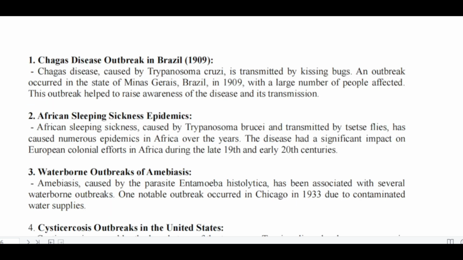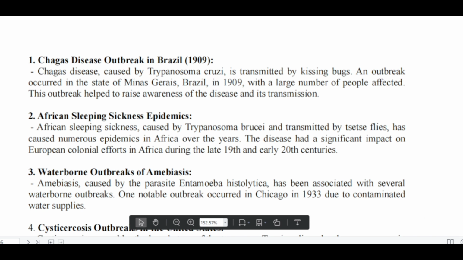Then the African sleeping sickness epidemic. African sleeping sickness, caused by Trypanosoma brucei and transmitted by tsetse flies, has caused numerous epidemics in Africa over the years. The disease has had a significant impact on European colonial efforts in Africa during the late 19th and early 20th centuries.